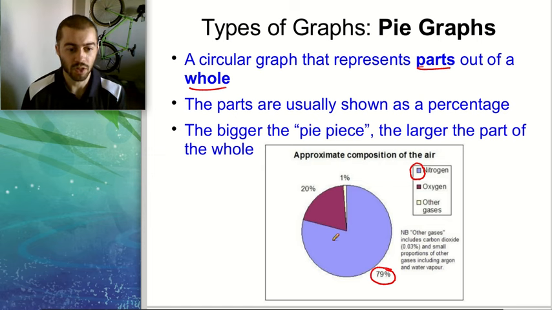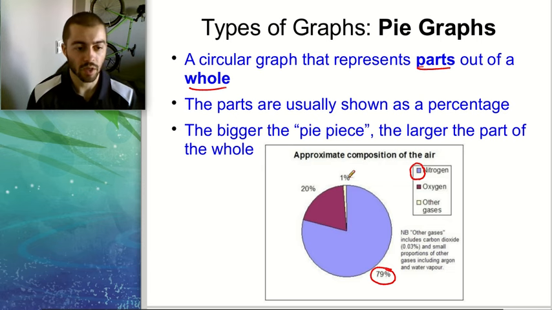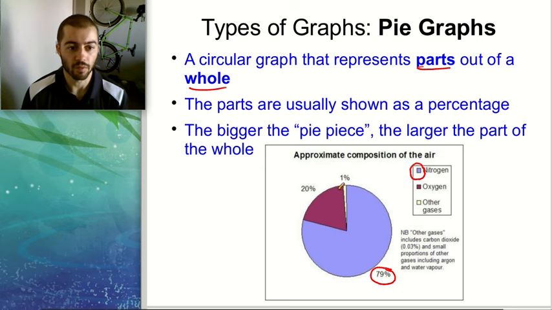The nitrogen is taking up 79%, but also most of the area of this circle, okay? So usually if it's a good pie graph, we'll hopefully get labels for the percentages, right? So we have labels for the percentages here that give us a really accurate and precise definition of how much each part takes up out of the whole.